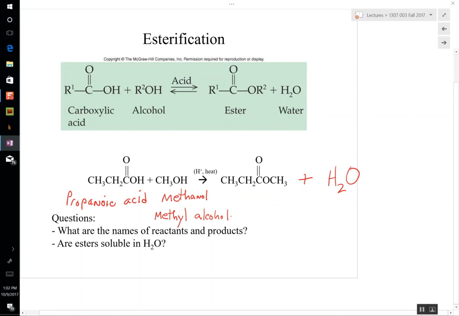And rather than just put this name together for you, and I'll give you some to put together on your own here, this portion we're going to call methyl, and this portion we're going to call propanoate.